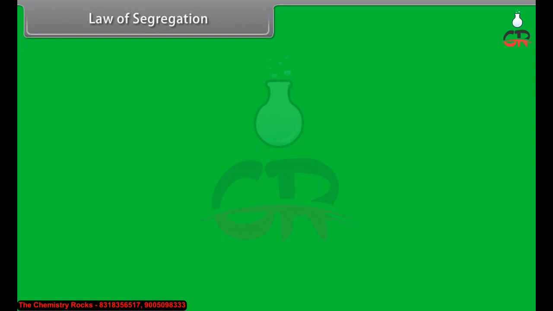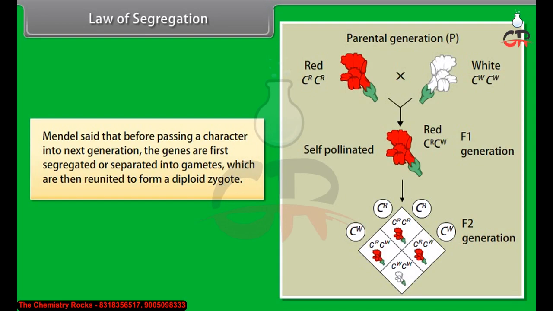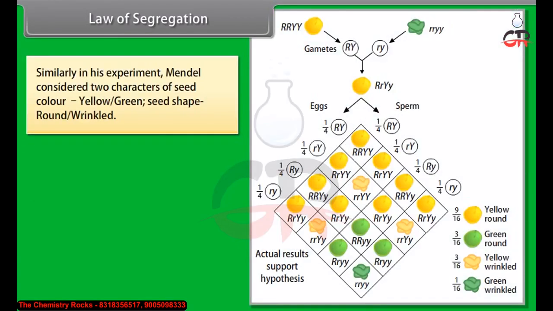Law of segregation. Mendel said that before passing a character into next generation, the genes are first segregated or separated into gametes, which are then reunited to form a diploid zygote. Similarly, in his experiment, Mendel considered two characters of seed color, yellow, green, and seed shape, round, wrinkled.